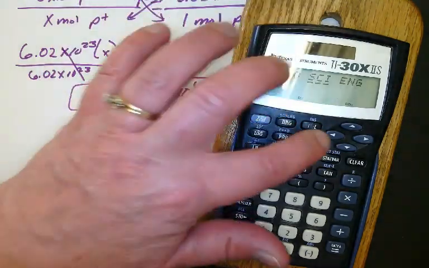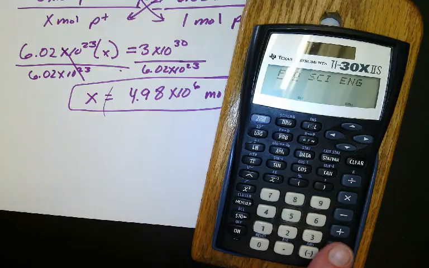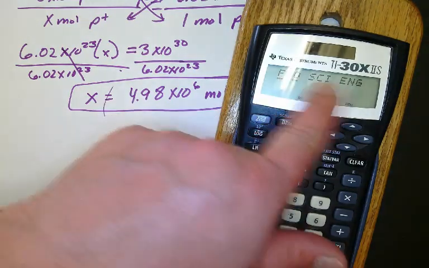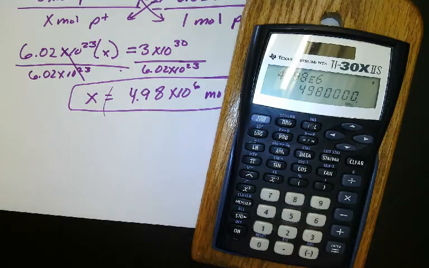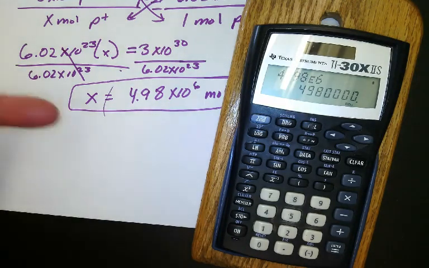Now this takes it out as scientific. This is float, this is science, this is engineering. All you're doing is changing the mode. This isn't rocket science. If you can use your cell phones, you definitely can go from scientific notation to float on your calculator.